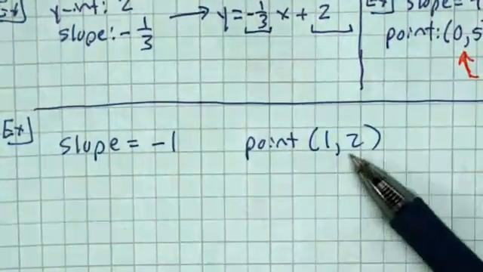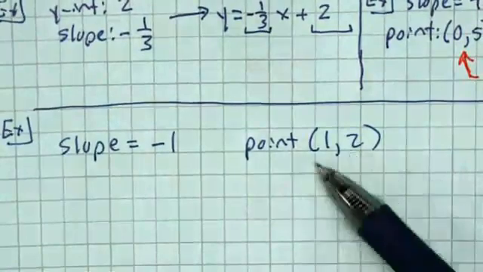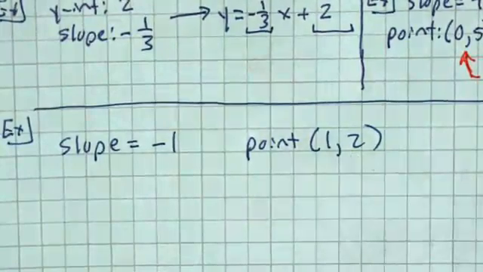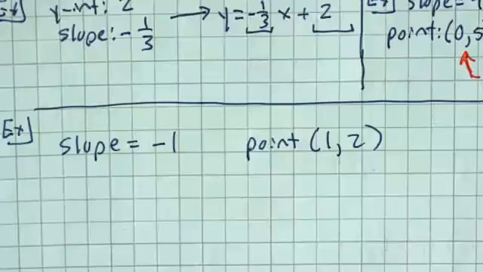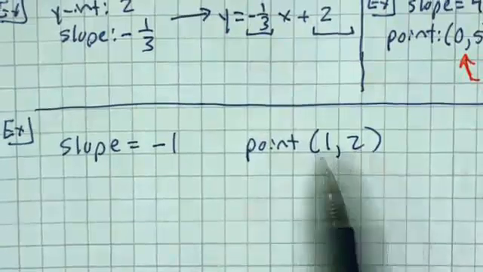Now, is this point a y-intercept? No, we know for a fact it's not a y-intercept because what's it missing? It doesn't have that 0 for the x coordinate. So we can't just go y equals negative 1x plus 2. We can't do that. 2 is a y coordinate, but this is not the y-intercept.